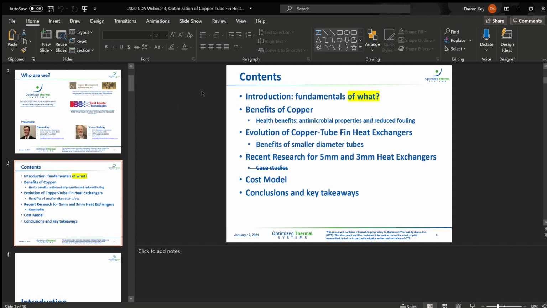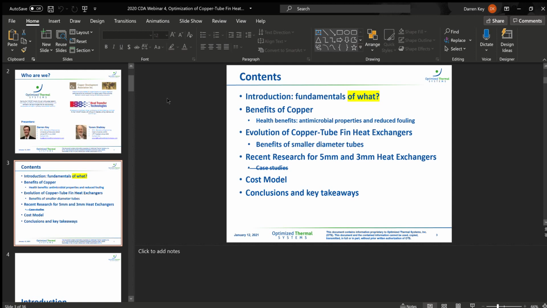Just a brief overview of the contents here. There'll be an introduction. We'll go over the fundamentals of small diameter tube fin heat exchangers, discuss the benefits of copper, specifically looking at the health benefits and the antimicrobial properties and reduced fouling of using copper. I'll discuss the evolution of copper tube fin heat exchangers and the benefits of smaller tubes.